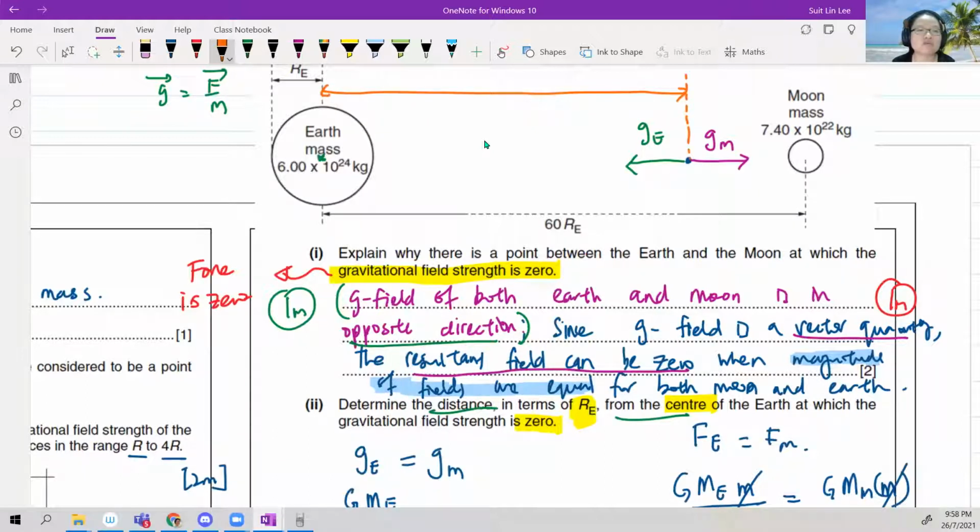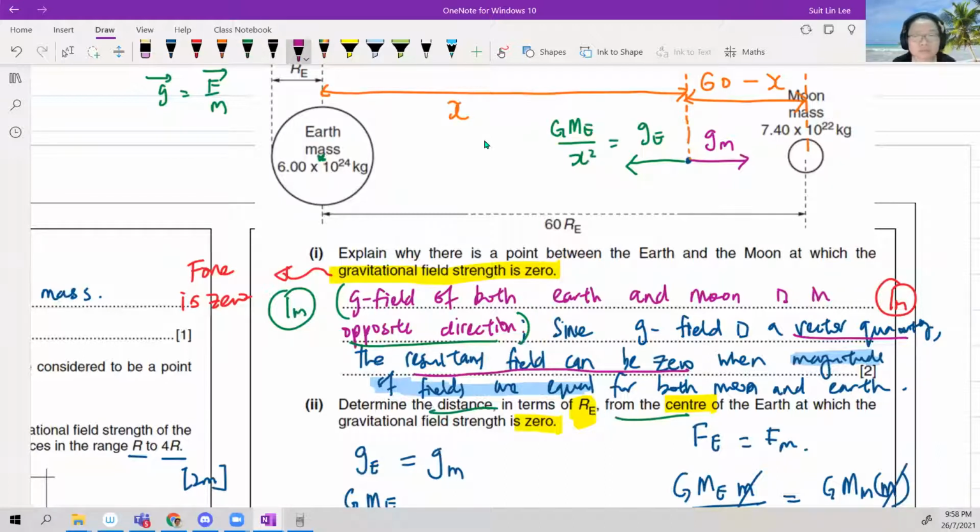Assign your favorite alphabet X, A, M, N, whatever you like. But do we know this? Here to here, this will be 60 minus X. So if I want to find the gravitational field strength here, this will be G ME over X squared.